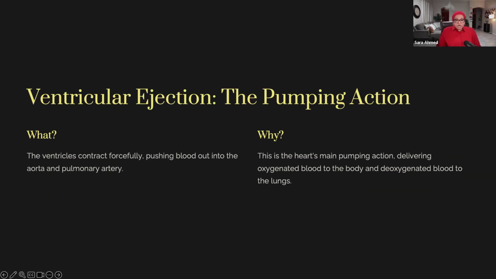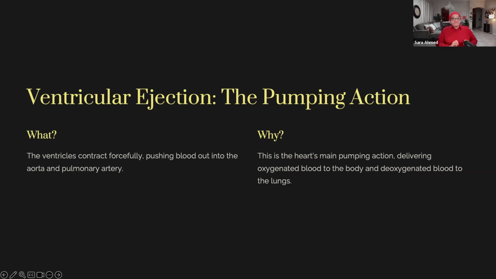This is followed by another state, where now we have enough pressure to open the pulmonic and aortic valves. And when this happens, the pressure pushes blood out.